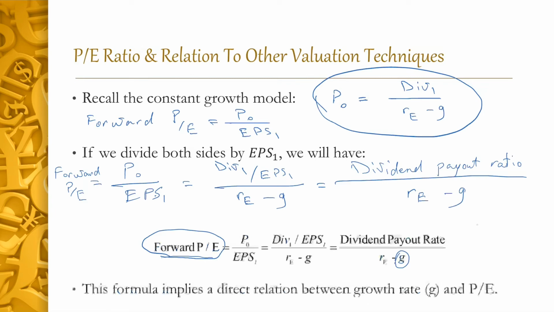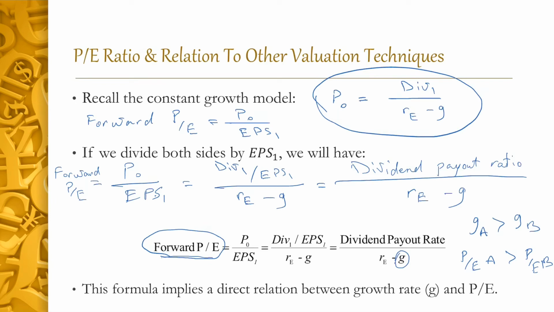If I'm comparing two firms which have similar dividend payout ratios and equity costs of capital, and the growth rate for firm A is higher than the growth rate for firm B, then the P/E ratio of firm A should be higher than the P/E ratio of firm B.